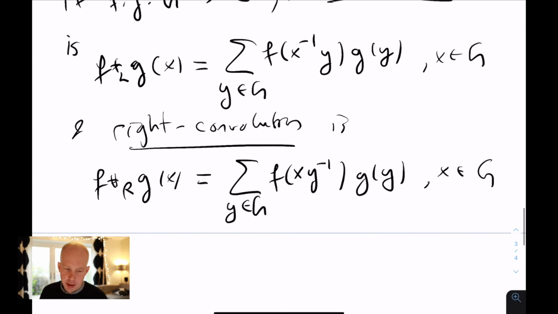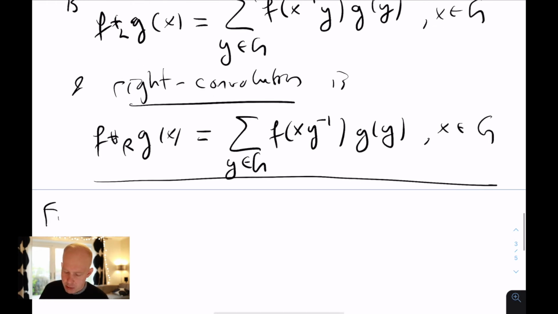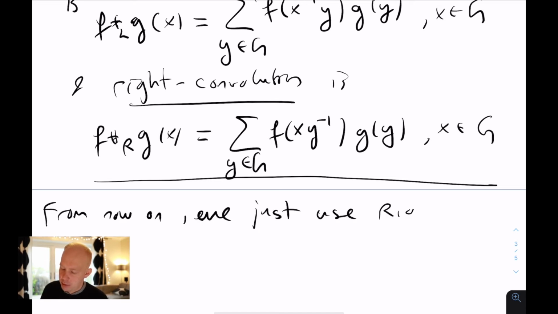Typically it doesn't exactly matter which one you use in the actual theory, but the one that we are going to be using most of the time is the right convolution. So from now on, we just use the right convolution.